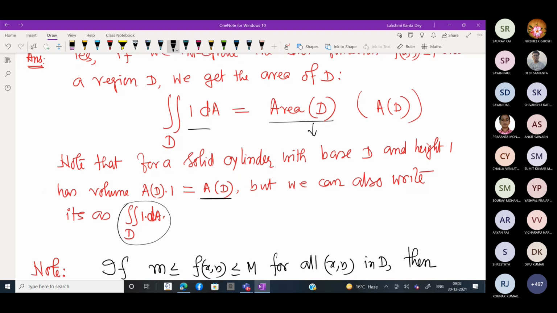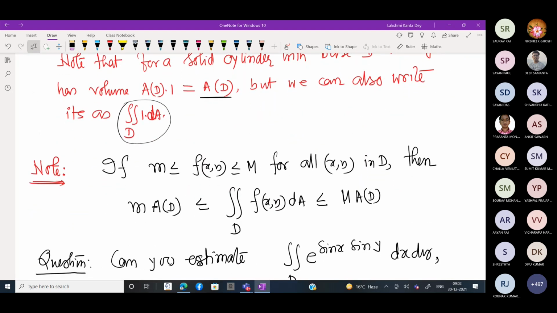Now, one interesting fact: we can have some estimates of this double integration.